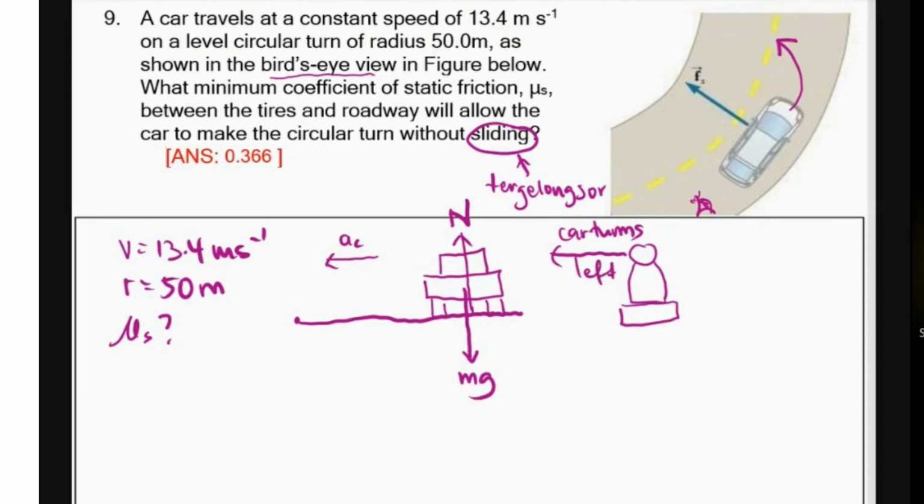What happens to your body? What happens between your body and the seat? What do you feel? You feel some force going to the right because you are the one moving to the right. If your daddy makes a turn to the right, your body will slide to the left.